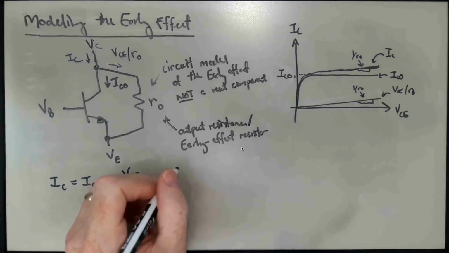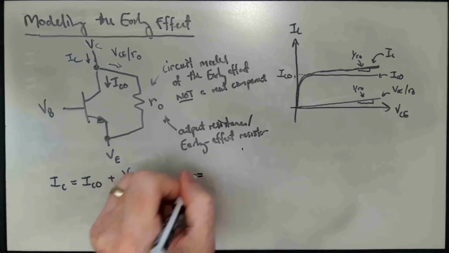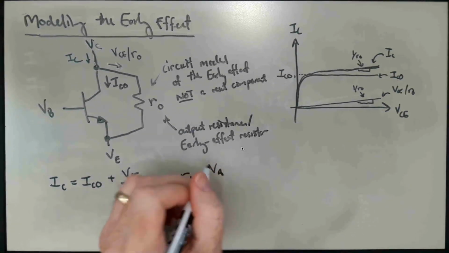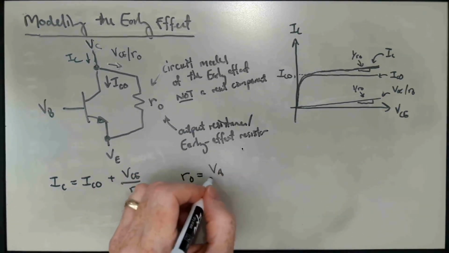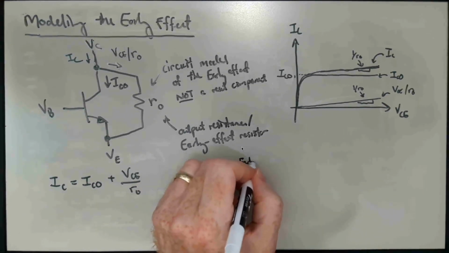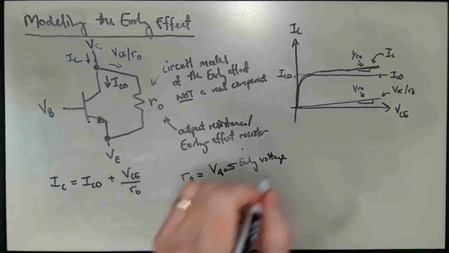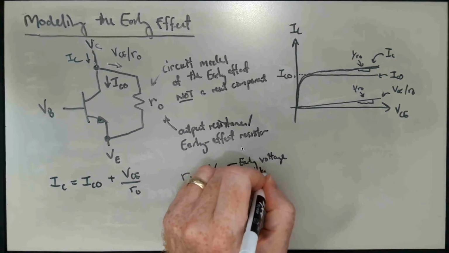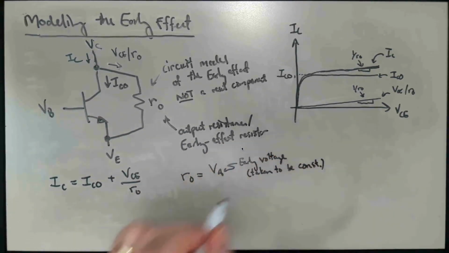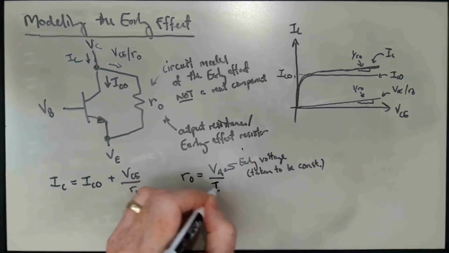Okay, we also typically will assume that RO is given by a parameter which is called VA or VO. I think in the slides I had VO, but sometimes it's called VA. This is the early voltage, which we typically take to be a constant, or at least approximately constant, divided by the 0th order collector current.